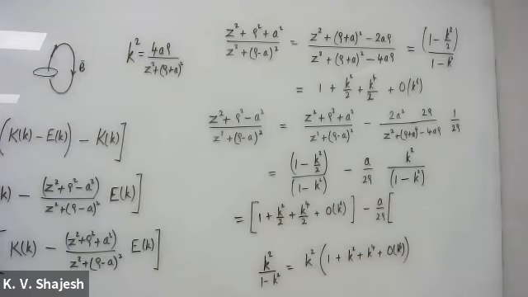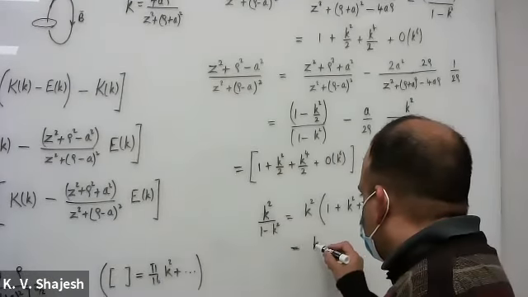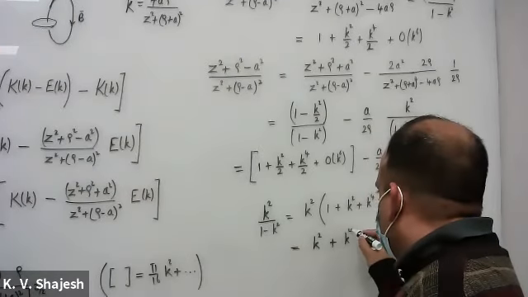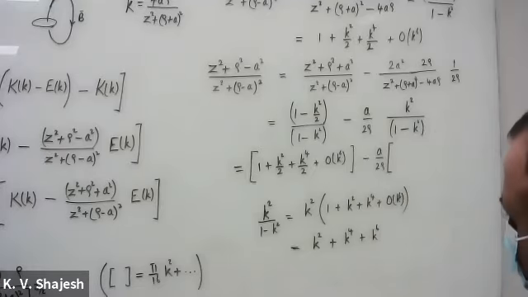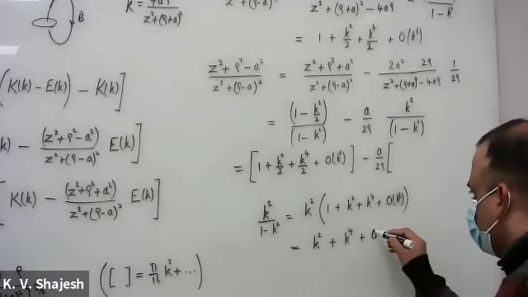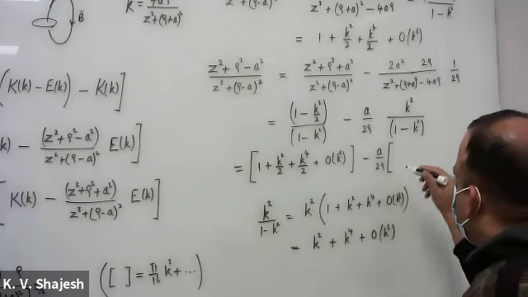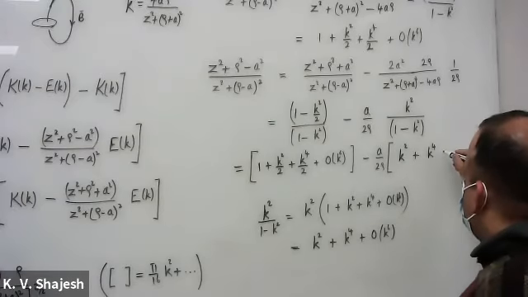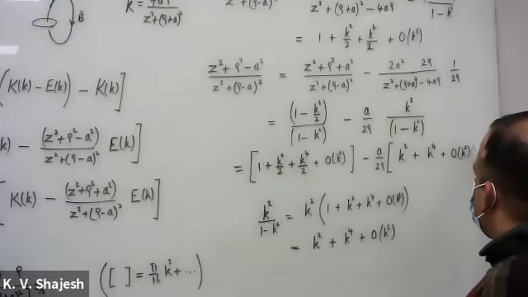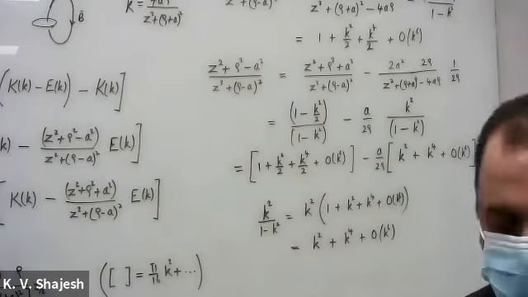That's the same as k² + k⁴ + k⁶, but already I'm neglecting k⁶, so I can drop this, plus order k⁶. So we have this term here: k² + k⁴ + order k⁶.